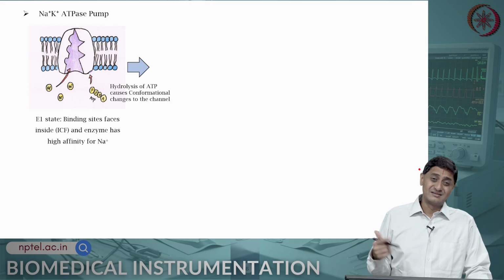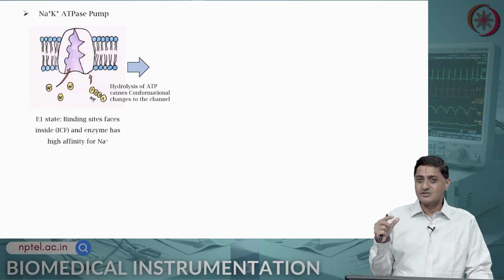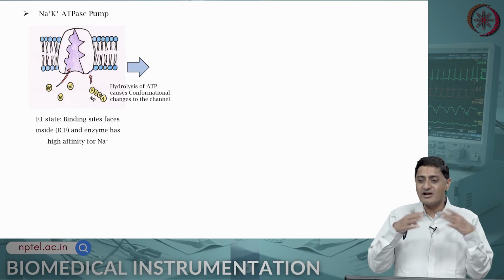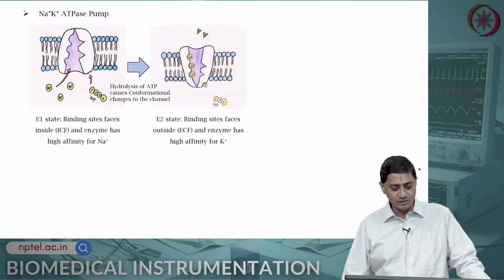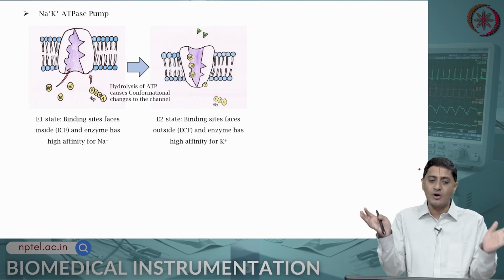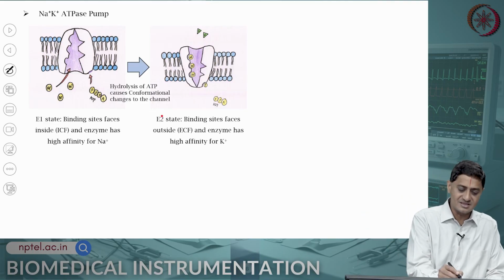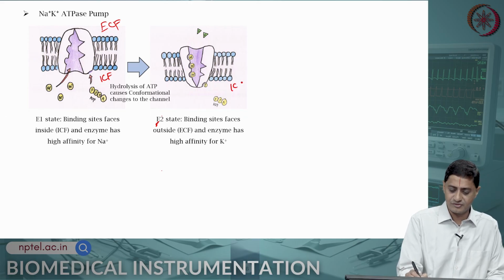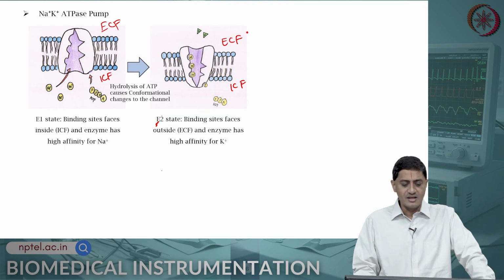That means the third phosphate bond, the high energy bond, is broken, and energy is released. When that energy is released, it causes a conformational change, leading to a situation in which it opens on the outside, and this side is the ECF or the extracellular fluid, and this side is the ICF or the intracellular fluid. Same for the second diagram also.